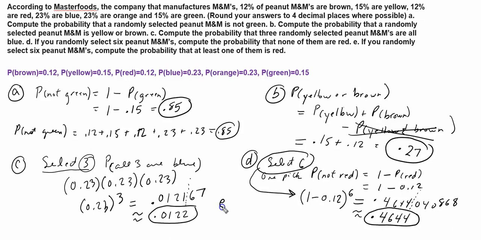Now part E wants to know, if you randomly select 6 peanuts, compute the probability that at least one of them is red. So again, select 6, and the probability that at least one is red, well, I have to use the law of complements on this one. So this probability will be equal to 1 minus the probability of the complement.